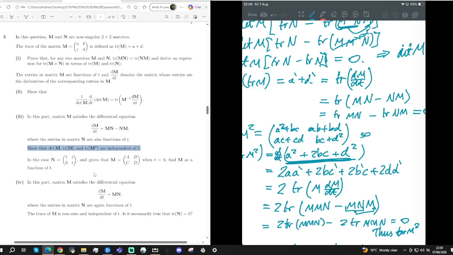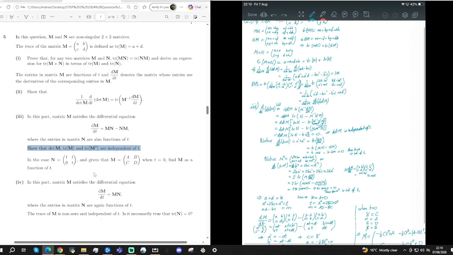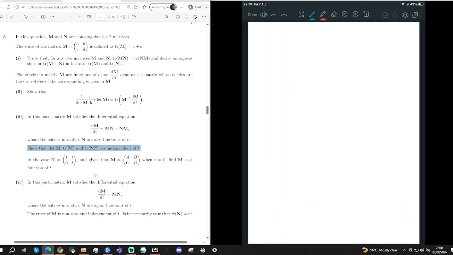Now BC we can write in terms of, no, it's non-zero. I was going to say if the term was 0, we can say that AD is equal to BC, but it's not. Do we know anything about the determinant of M? No, that's one of the things that we would quite like to be able to deal with.